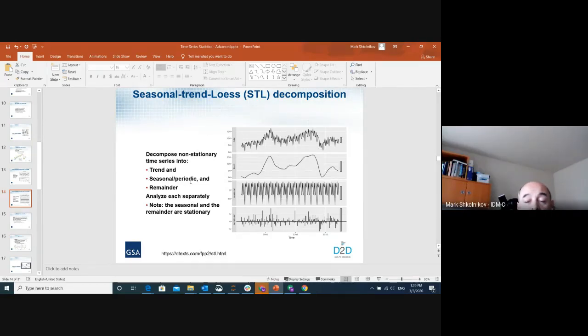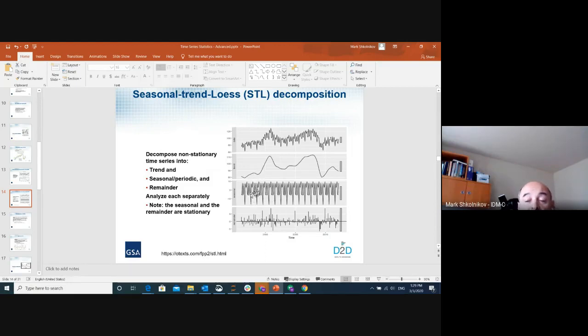Once we have the trend, we subtract the trend from this original signal. We get a seasonal periodic part of the series. And also we get the remainder, right? The remainder is the difference between this and this and this.